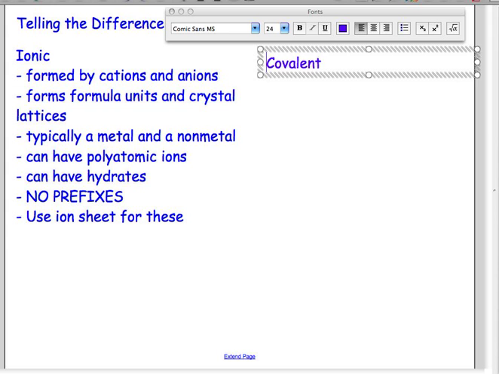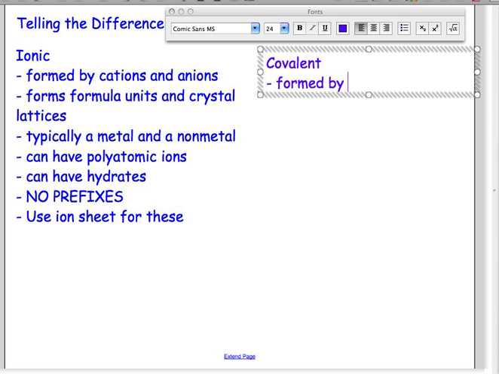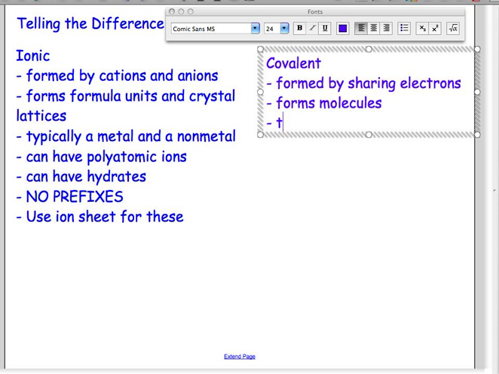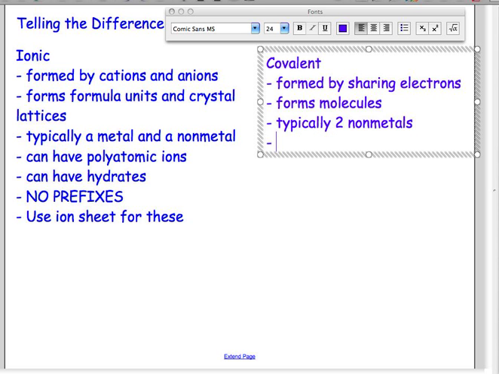If we're looking at the covalent, we'll just kind of do the opposite of this one. So, formed by sharing electrons. This one forms molecules. This is typically 2 nonmetals put together. No polyatomic ions.